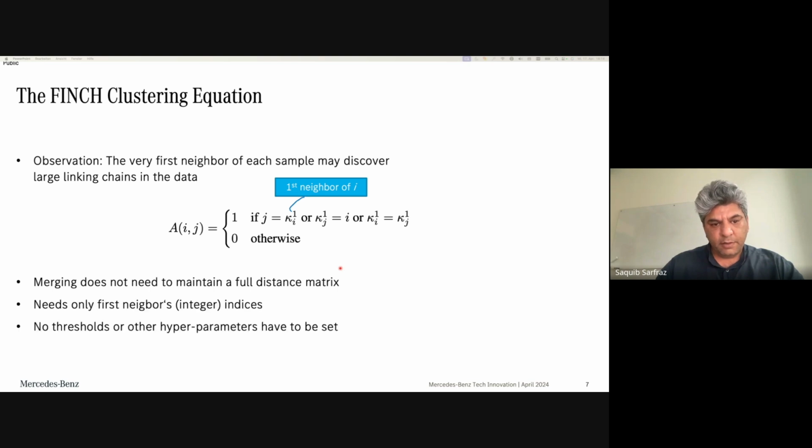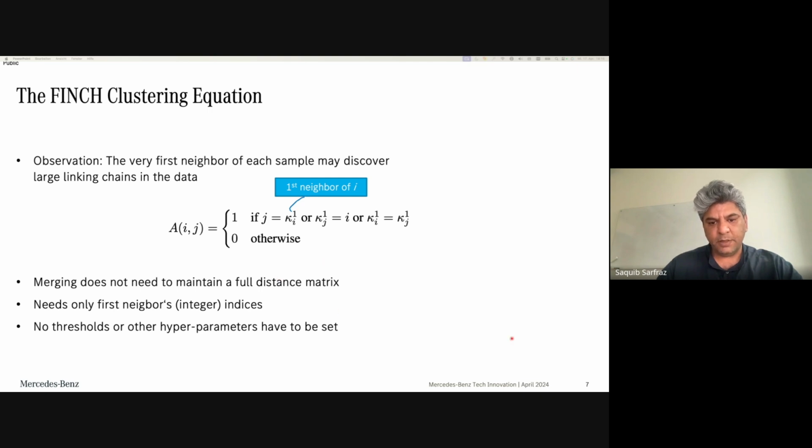Here, with only the integer list of the first neighbors of the data samples, we can produce natural groupings of the data, and we do not require any other threshold or hyperparameters, right? Because in this equation, all it requires is the indices of the first neighbor of each sample, and it just links those samples together and forms an adjacency matrix directly.